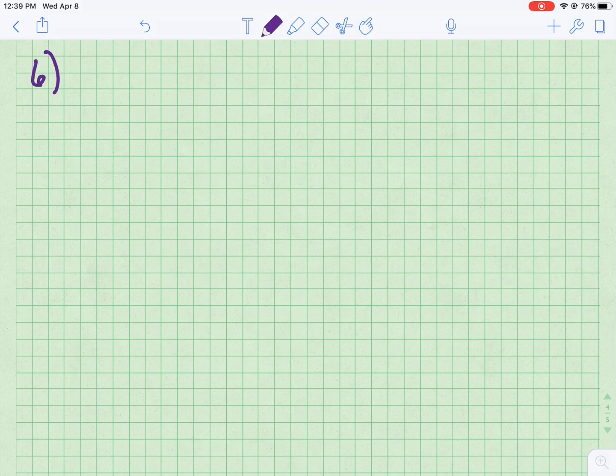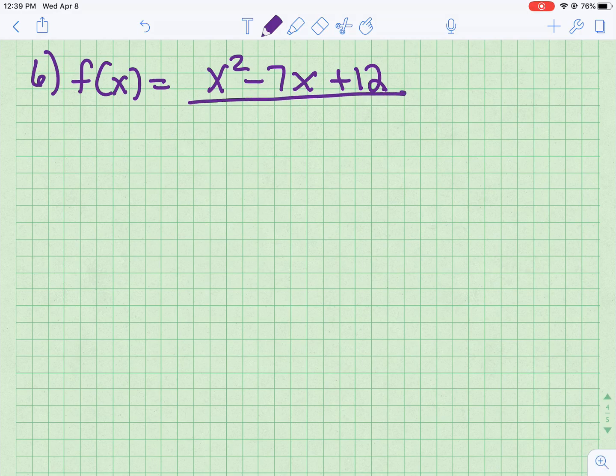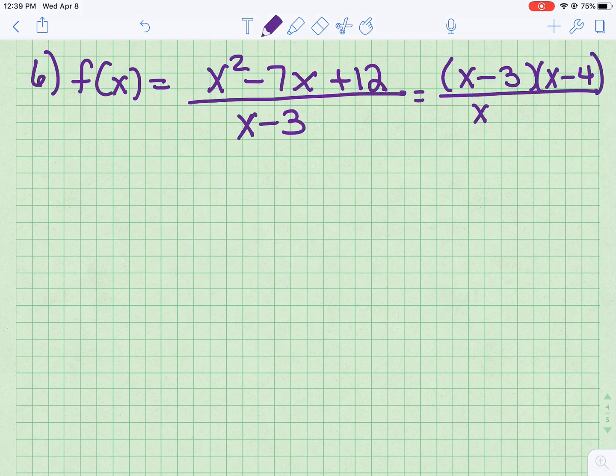Number 6 says f of x equals x squared minus 7x plus 12 over x minus 3. So this time the numerator can be factored, and we get (x minus 3)(x minus 4), all over x minus 3.